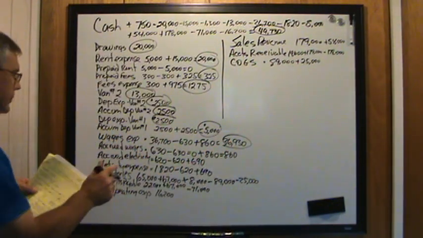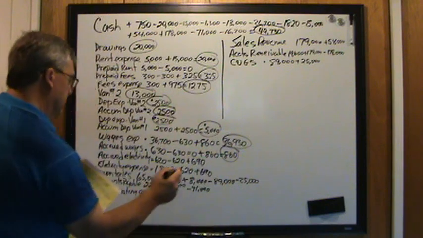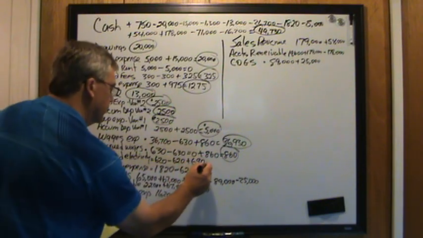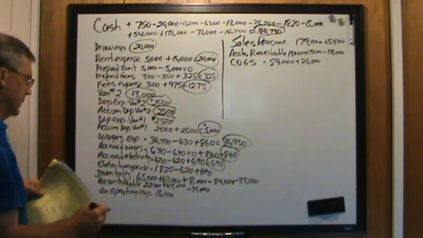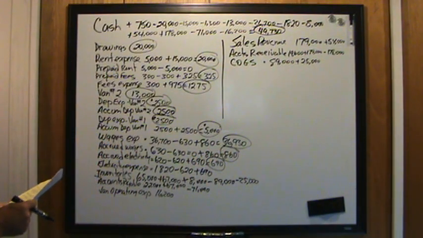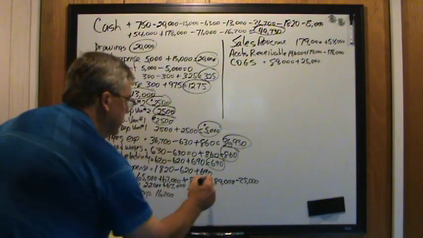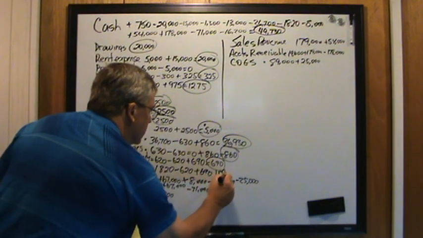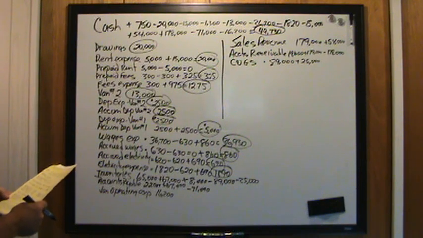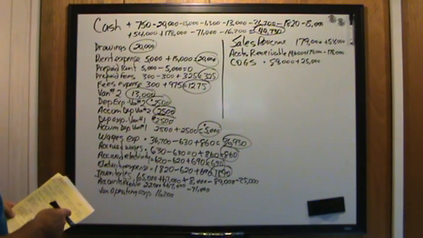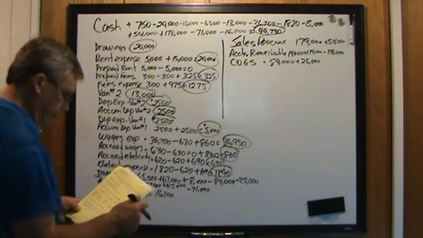Accrued wages 860. The accrued electricity is 690. Electricity expense is 1890. Inventory is 26,000.